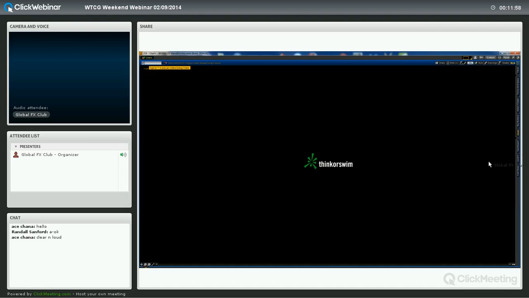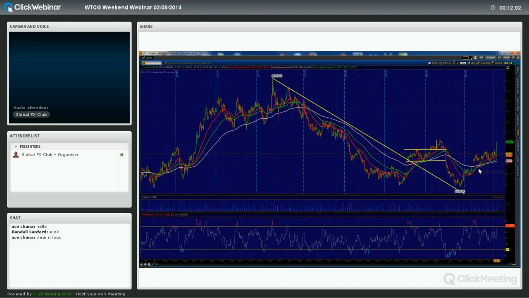Crude accelerated higher on Friday, pretty aggressively actually, back up over 100. See, it broke out. May continue to see additional upside here on crude.